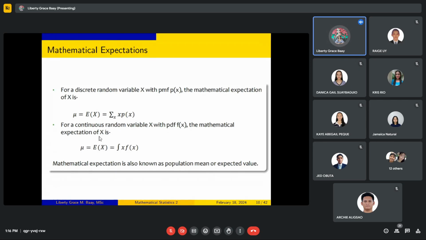So mean man na siya class, or the expected value is equal to the integral. So in here, you can apply unsa imong knowledge sa calculus. Kay mag-integrate mo ta diri for the probability density function. So the integral of x times f of x. Okay?